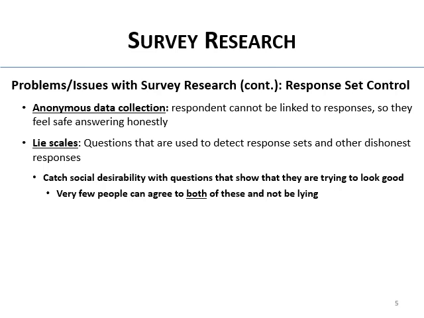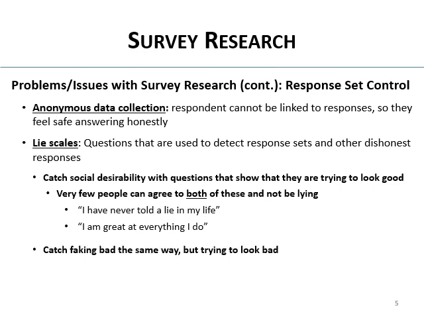That is using a social desirability response set to look good. I've never told a lie in my life. Like, how many people could actually agree to that? And then you get somebody else who says, I'm great at everything I do. These could be used as lie scales, because if someone answers to both those, yes, totally, they're probably trying to fake looking good, fake good, or social desirability.